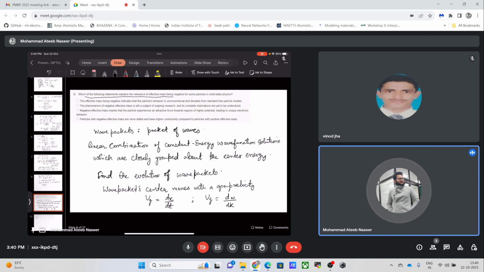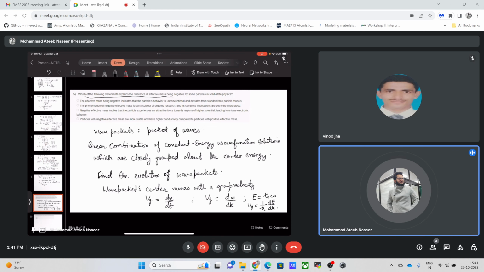If we consider a free particle and a traveling wave, we will see that this group velocity has a simple relation with the energy. We know that E is h bar omega, and if we put this relation over here, it would simply be 1 by h bar dE by dk.